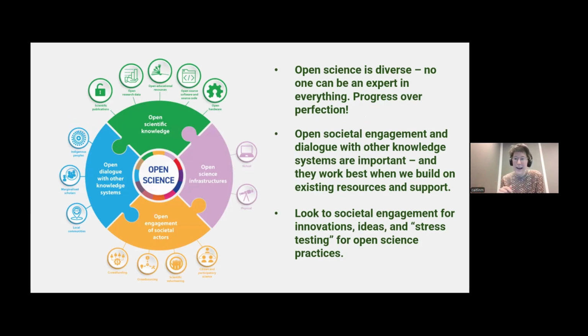I lack some of the technical know-how that I would really like to have in order to improve my open science practice there. So, start where you are and branch out from there. And that's why this is a community and a collective effort for everyone to contribute to advancing different parts of this wheel.